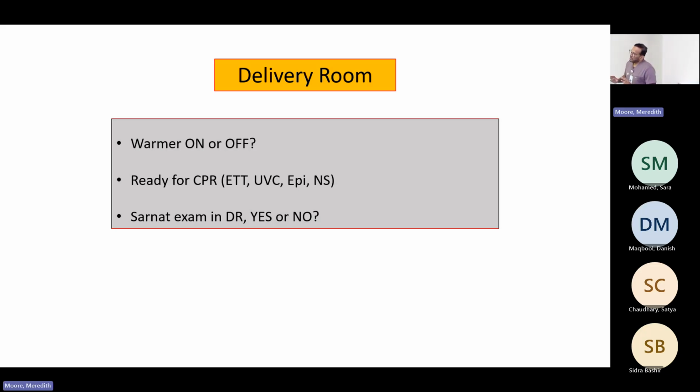There's a debate on warmer on or off in these cases, because most of the time you can resuscitate and the baby is going to do okay. You might not need hypothermia. But suppose you know that there is already a flat strip or sinusoidal rhythm on the fetal heart rate, it's better to start passive cooling, which is really interesting. But how can you gauge before you get the baby? You cannot just decide that.